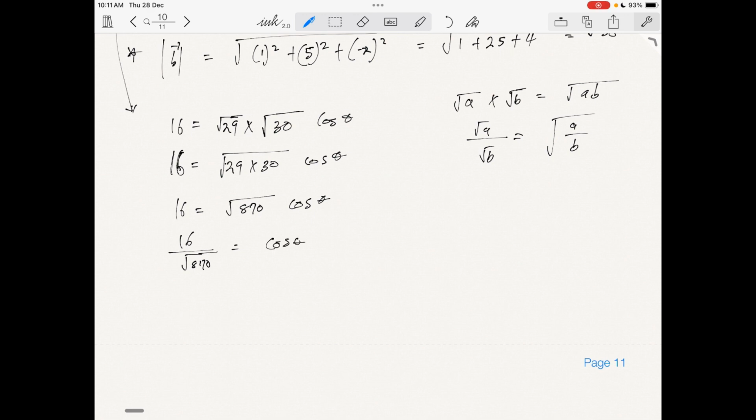Now we use our calculator to evaluate. First evaluate root 870. We'll have it to be 29.495, and 16 divided by what we have is 0.54245.